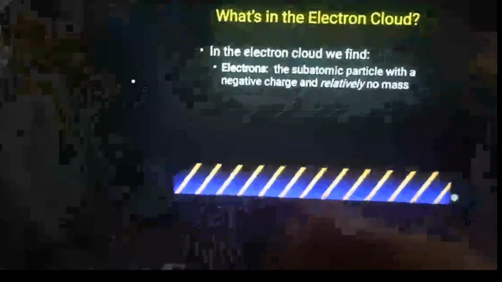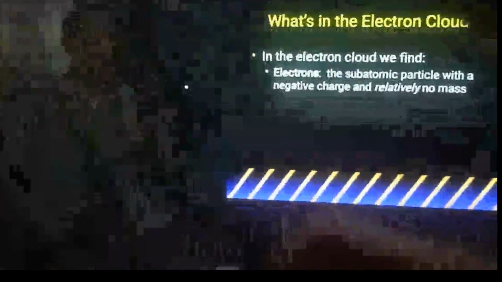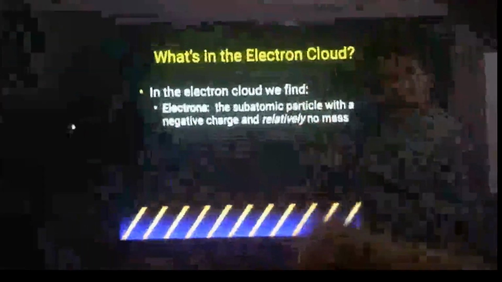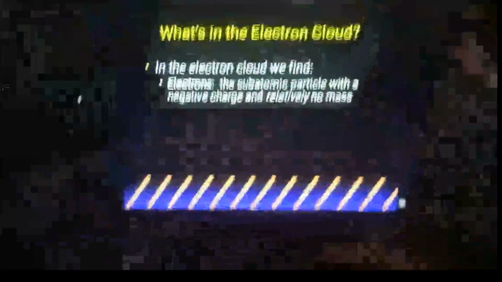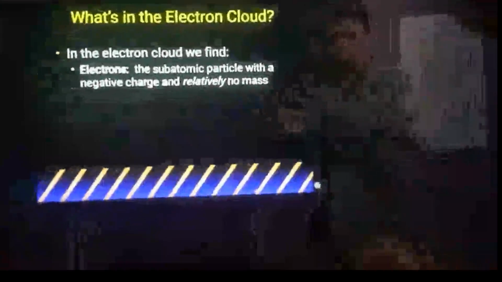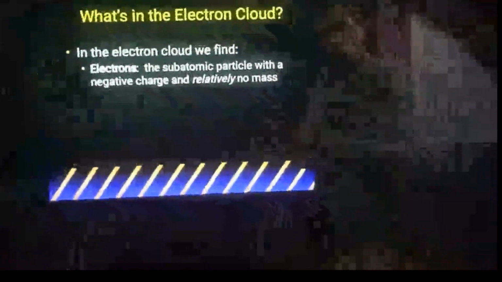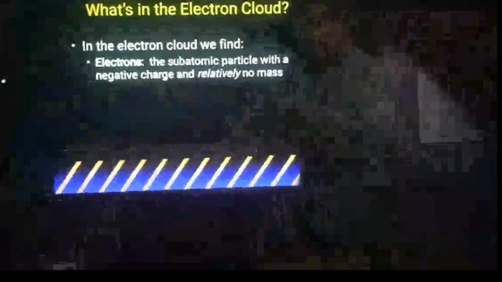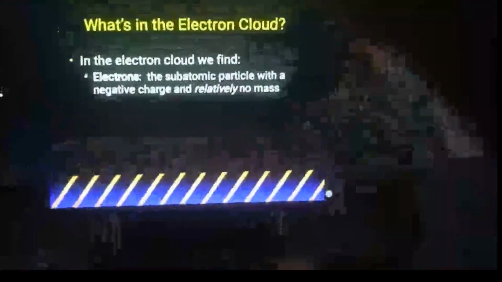It's called electrons. So electrons are subatomic particles which are located in the electron cloud. That's why we say it as electron cloud. Why? Electrons are always moving on the electron cloud. So sometimes we refer to the electron cloud as an energy level or energy shells. Electrons are negatively charged subatomic particles.